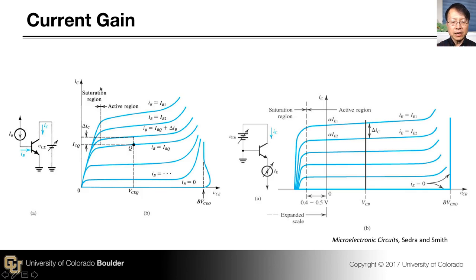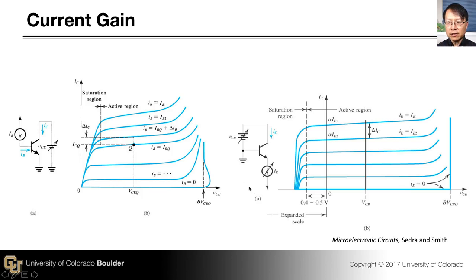If you do that, you get this collection of IV curves as shown in this plot. The main point is that as you increase the base current IB, the collector current increases, and that ratio, the collector current to the base current, is represented by this current gain parameter beta sub f.